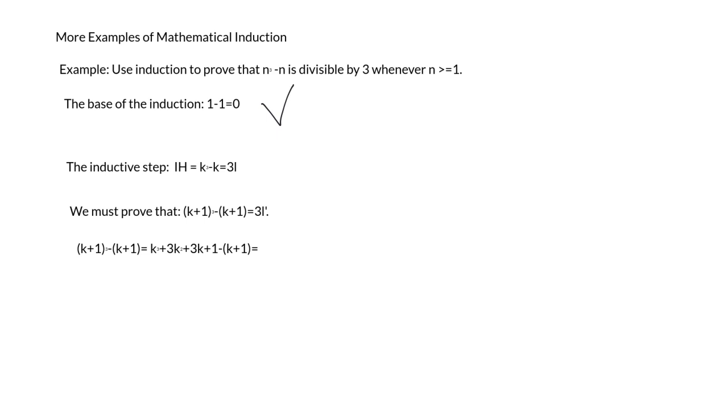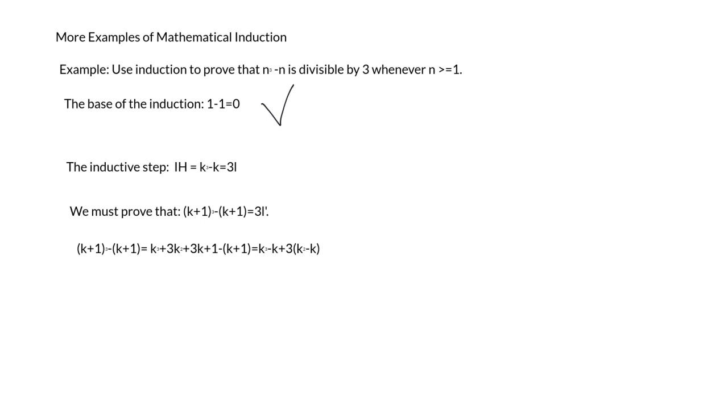So if we just reorder these terms, we get k cubed minus k plus 3 times k squared plus k.